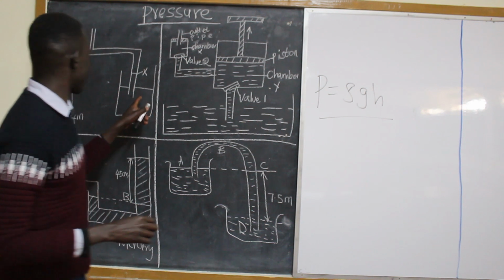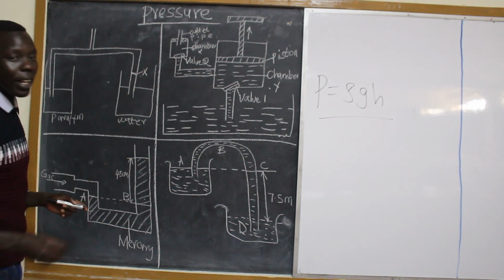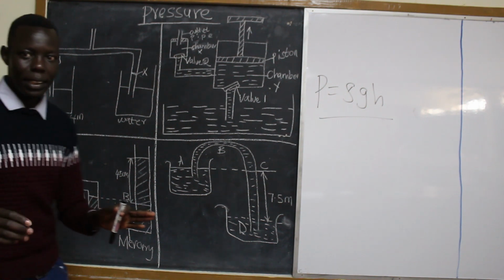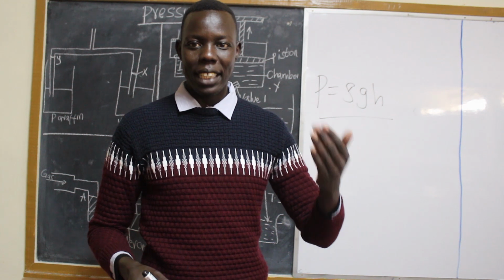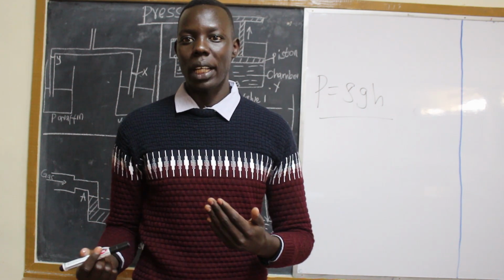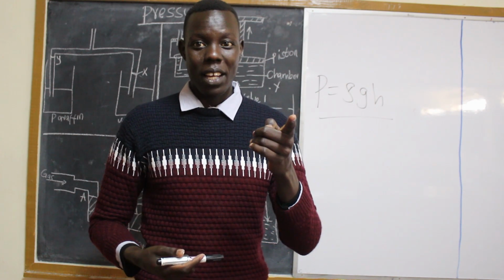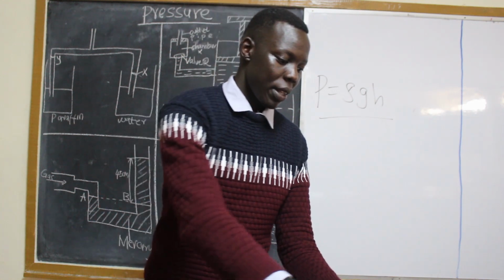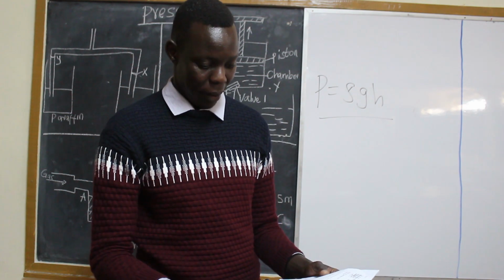So if the level of water is at this point, then the level of paraffin will be somewhere higher, in this part. If you placed Y above that, mark for yourself. The reason is that paraffin has less density compared to water, so it has to have a greater height to produce the same pressure as water, because it was the same vacuum pump that was used to pump out the air.